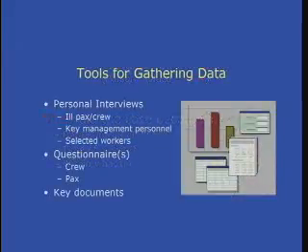Tools for gathering data. There are three distinct tools that are necessary in any epidemiologic investigation for gathering data. The first is personal interviews. During many of the outbreak investigations, ill passengers and crew members are interviewed for risk factors associated with their contracting the illness.